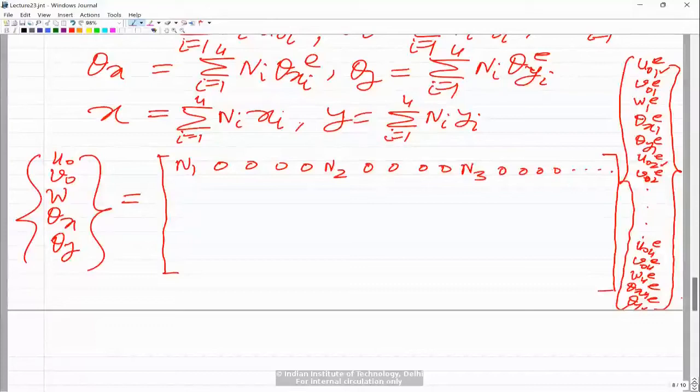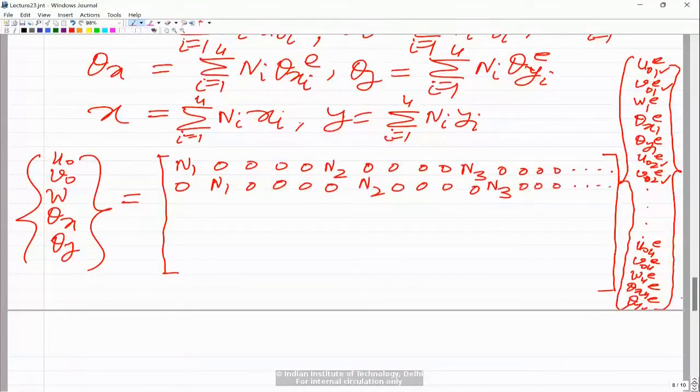Then v naught is N1 v1 plus N2 v2 plus N3 v3, and v is coming at the second location, at the seventh location, and so on. So you put basically 0 here, N1 0 0 0, N2 0 0 0, N3 0 0, and so on. You need to complete that. Similarly, w is coming at the third location, and like that you can count. So it would be 0 0 N1, and then 0 0 N2, 0 0 N3, and like that.